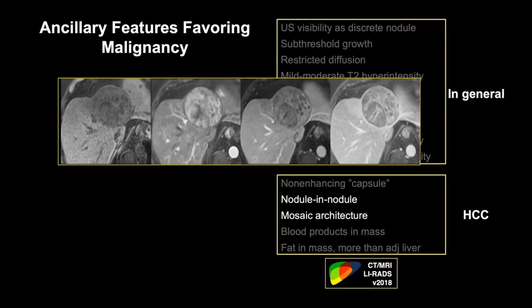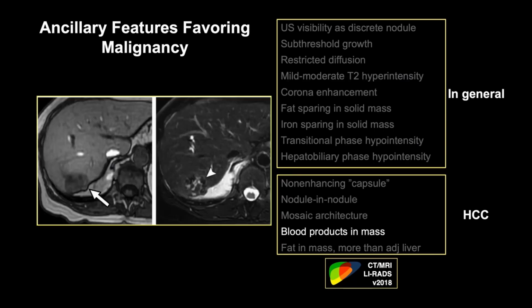So over time, the inner nodule expands and replaces the entire outer nodule. Although this is pathognomonic for HCC, this growth pattern is difficult for us to confidently and reliably characterize radiologically. So we consider it, again, an ancillary feature.